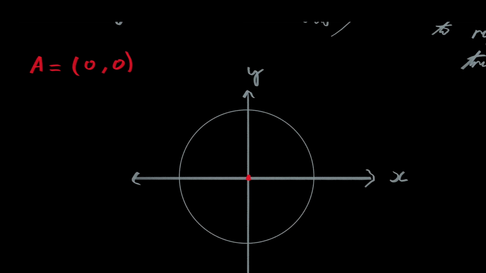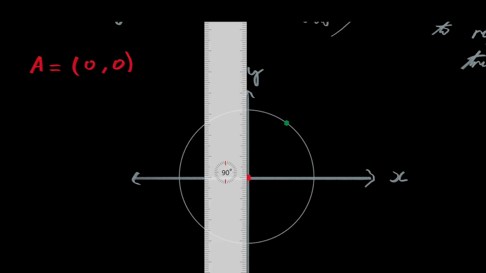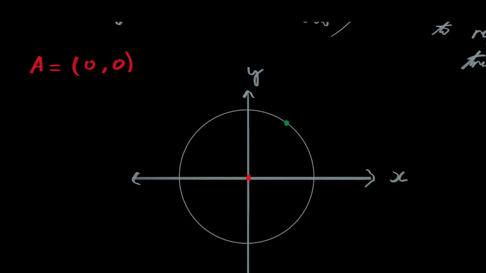Now I'm going to take some random point out here on the circumference, and I'm going to call that point B. B is a point, so it must have some coordinates. We don't know what those coordinates are, so we're just going to call them x and y.